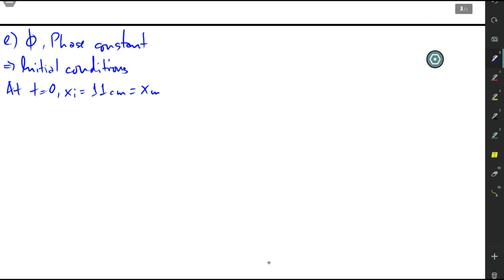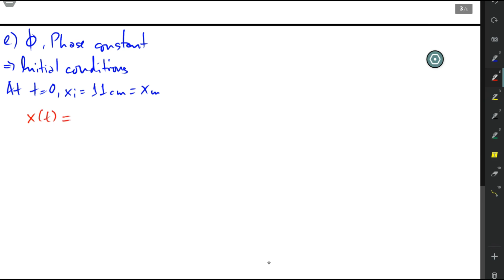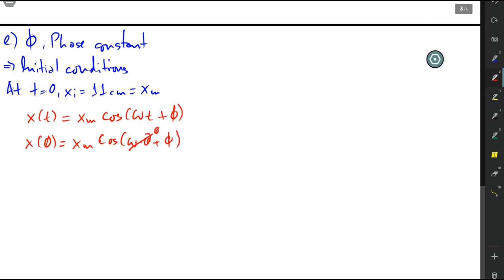So I'm going to write the traditional simple harmonic motion function right here, with phi. At t equals 0, just substitute in 0. The cosine argument is times 0, so that goes away, leaving phi.